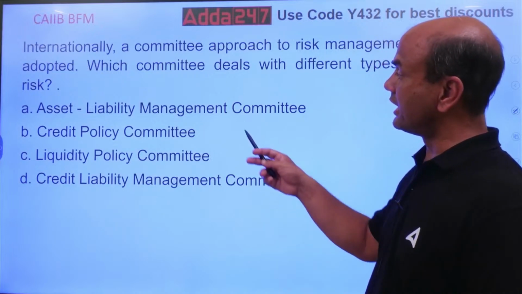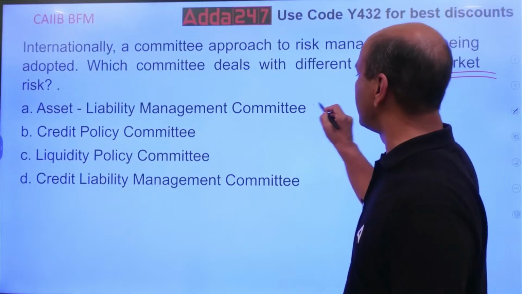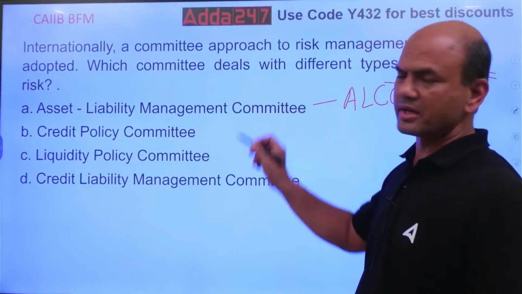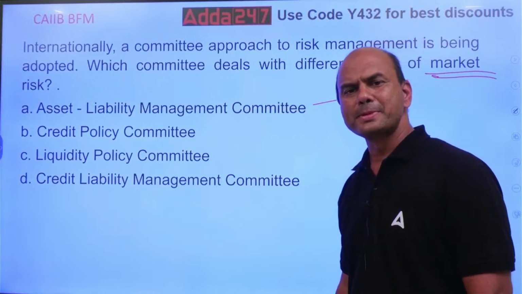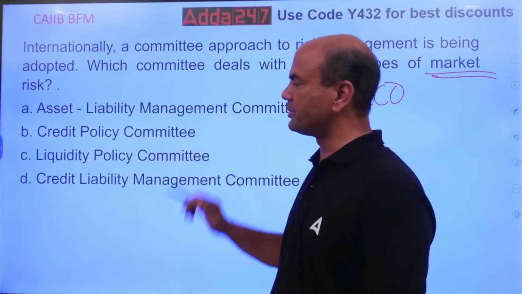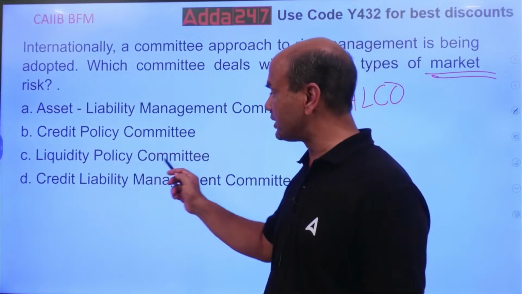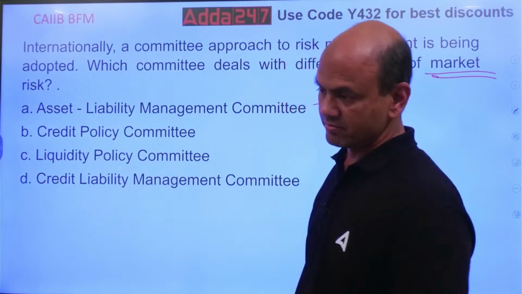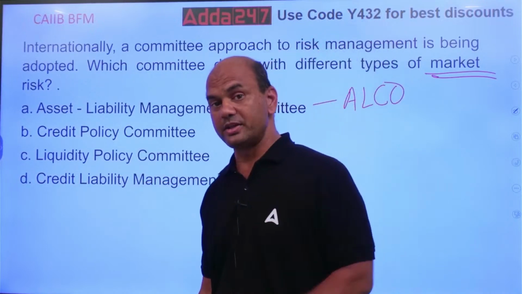This is actually called ALCO, Asset Liability Committee. Some banks call it Management Committee. So basically this is ALCO. Second, Credit Policy Committee, Liquidity Policy Committee, Credit Liability Management Committee. Now you answer me.